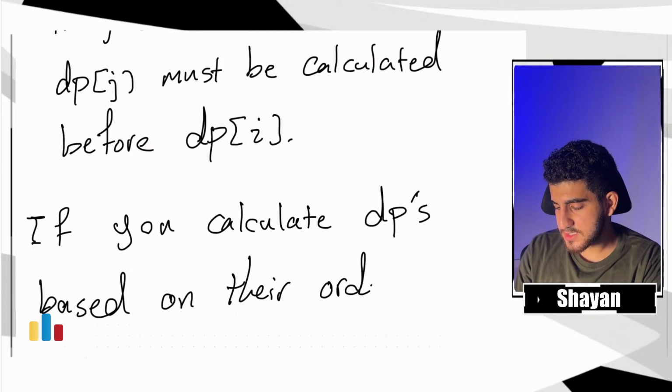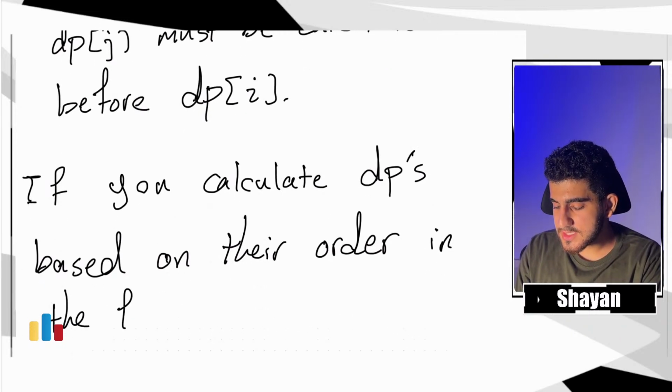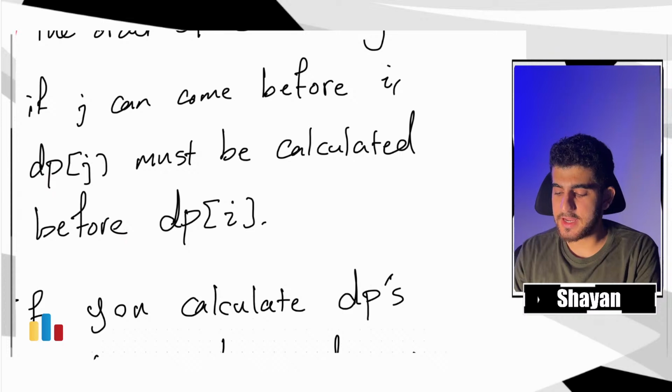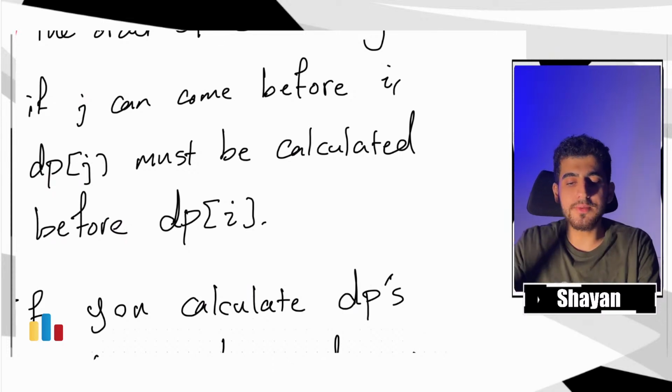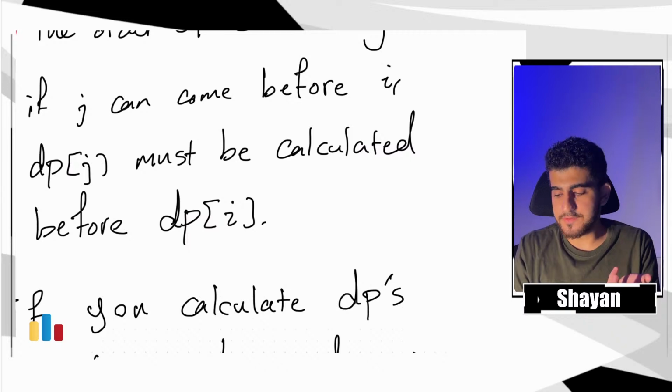in the first permutation. The good news is that if you do it based on their order in the first permutation, if j can occur before I in all the permutations, then j is before I also in the first permutation.